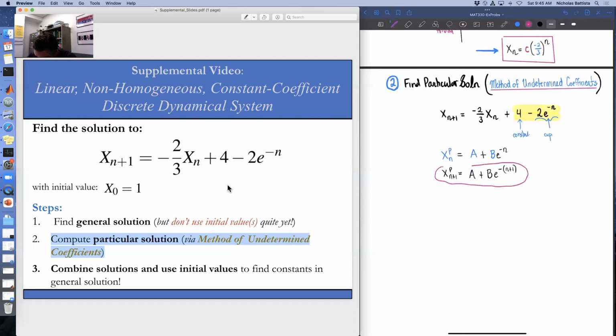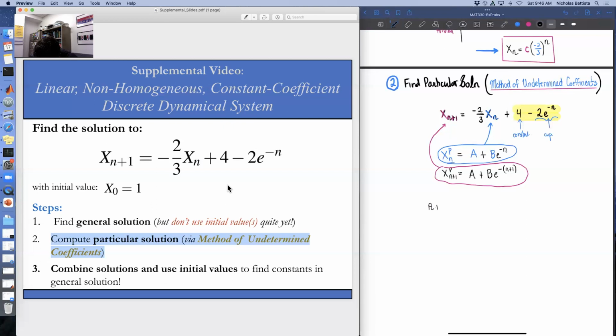Again, for the x_{n+1}, we'll substitute that into the left-hand side. And for the x_n^p, or the particular solution, we'll substitute that into the right-hand side. And the non-homogeneous term, we're basically going to leave as it is, and that's going to help us figure out what these unknown constant values are. All right, so let's go ahead and do the substitution.